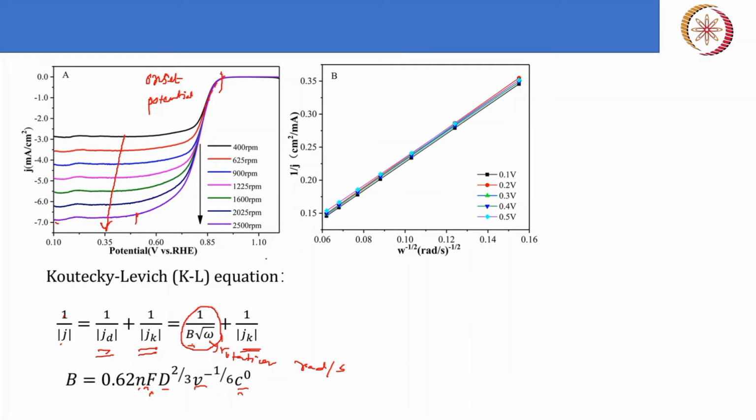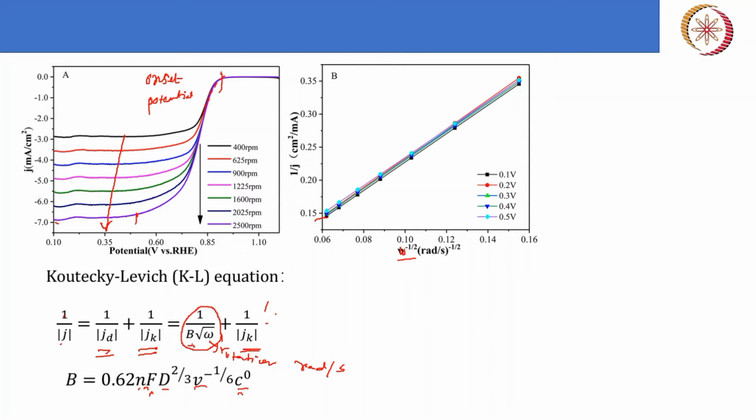And for that we have to plot 1 by j versus omega to the power minus one half, the inverse square root of omega. From here you can get the slope, and from the slope you can get the number of electrons, and from the intercept you can get the kinetic current density.